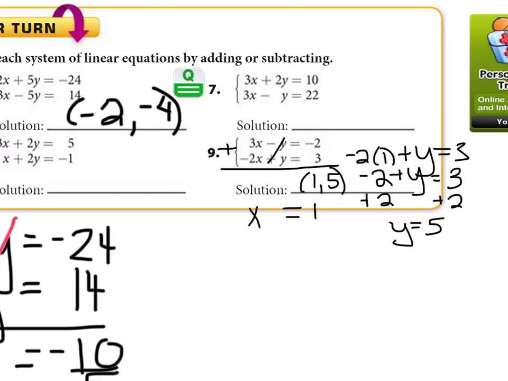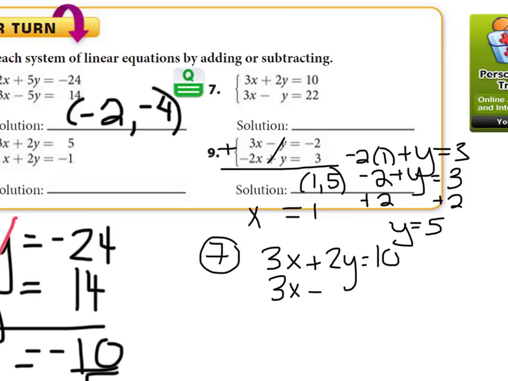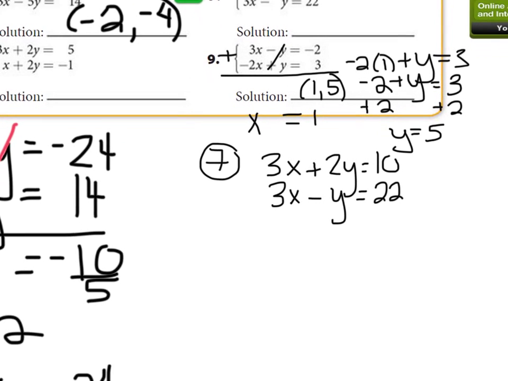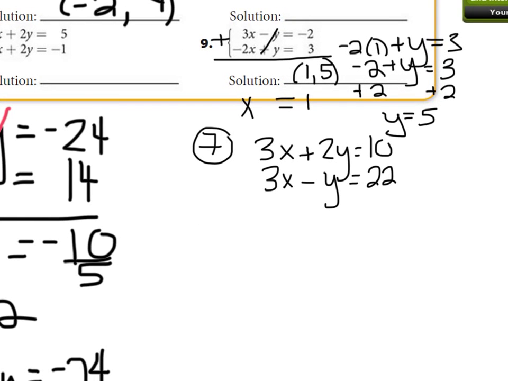So now let's go back up and look at number 7. So I'm going to rewrite number 7 down here. Now, on 6 and 9, it worked out that we had opposites.